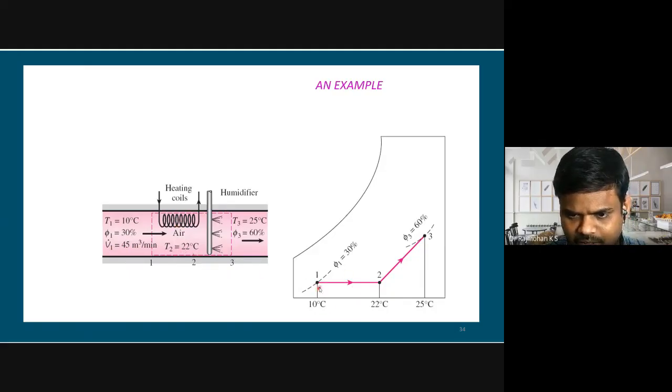So from 10 to 22, there is no change in absolute humidity, but the percentage relative humidity has changed. From the graph we can get the relative humidity. Then in the humidifier, we get a further temperature of 25 degrees Celsius, and the relative humidity is increased to 60 percent. So there is an increase in relative humidity, whereas the temperature has increased to 25 degrees Celsius.